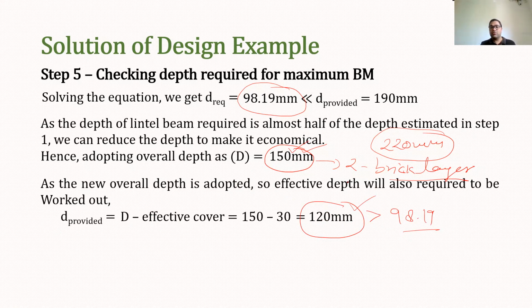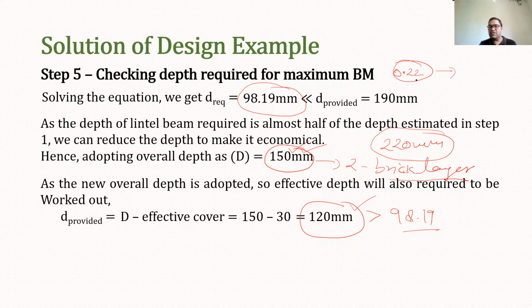Now you can question that as the depth is reduced, do we need to calculate load again? Because in the load calculation, we calculated self weight of lintel, in which we used depth of lintel beam as 0.22, that is 220 mm. So here you can see the load will be higher.